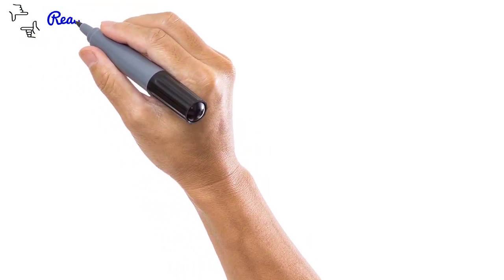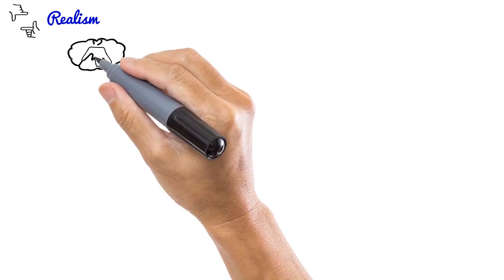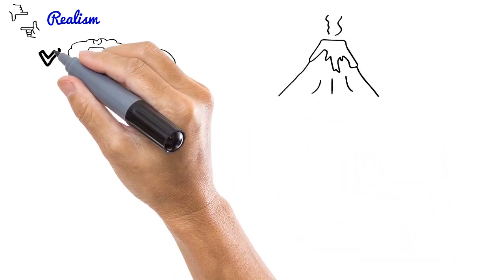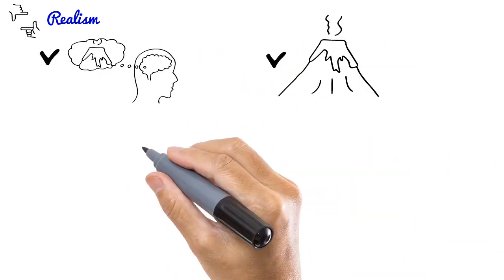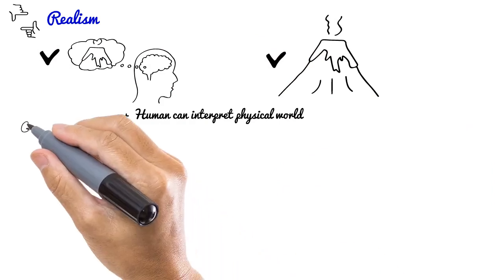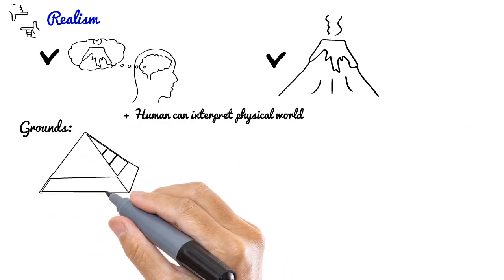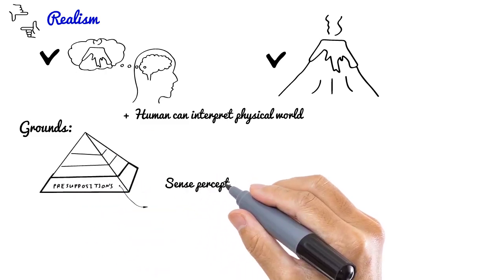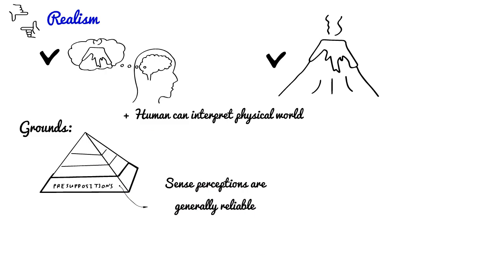The last term to mention is realism. When we talk about the physical world, philosophical theory tells us that both human thoughts and independent physical objects exist, and that humans can interpret the physical world clearly and reliably. The ground of realism for science is the presupposition that we have informative contact with physical reality around us.